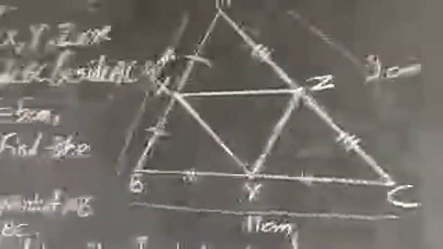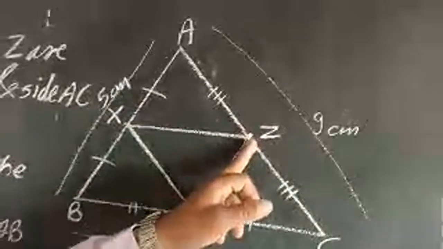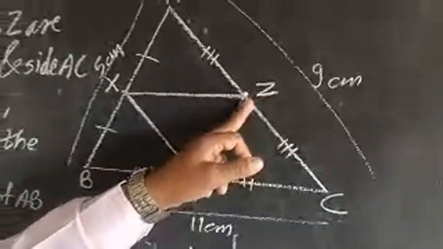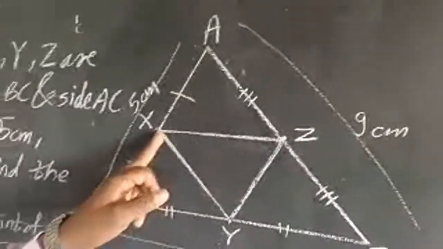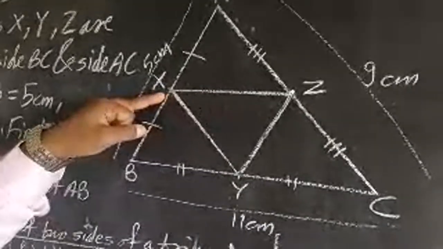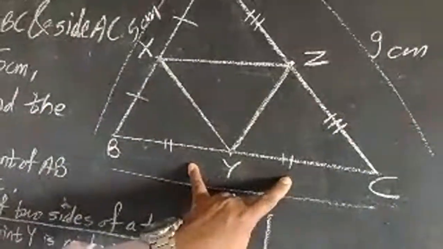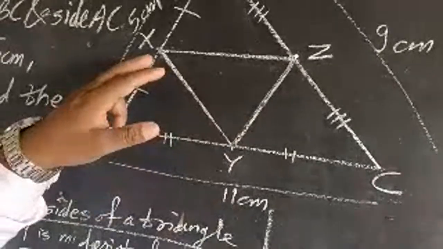The third question is XZ, we can find out. What is the starting sentence? Yes. XZ is half of BC. Before that, what do we write to start?